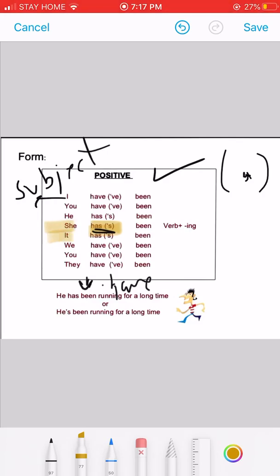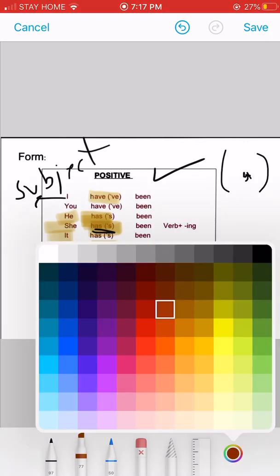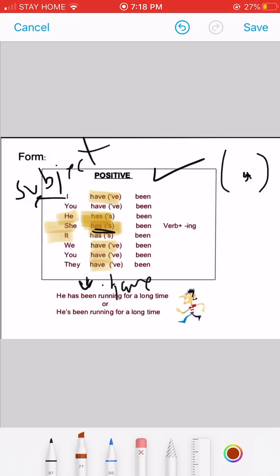So she, it, or he takes has. And if the subject is plural, إذا كان عندي subject جمع plural pronoun ضمائر جمع or plural nouns أسماء جمع, the verb to have will be have. Now look at the abbreviations for have and has. الاختصارات: have is apostrophe ve, and has is apostrophe s.